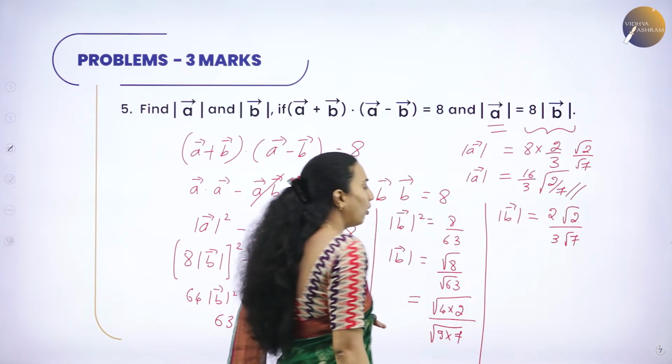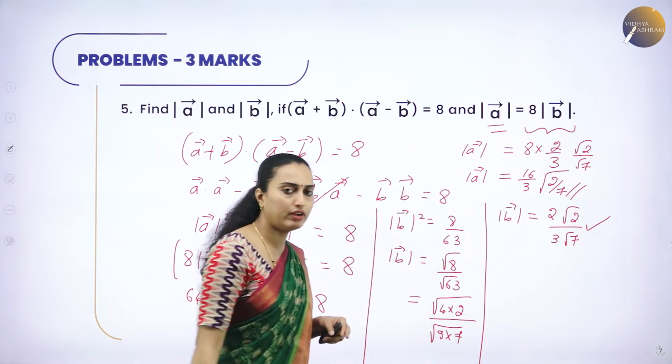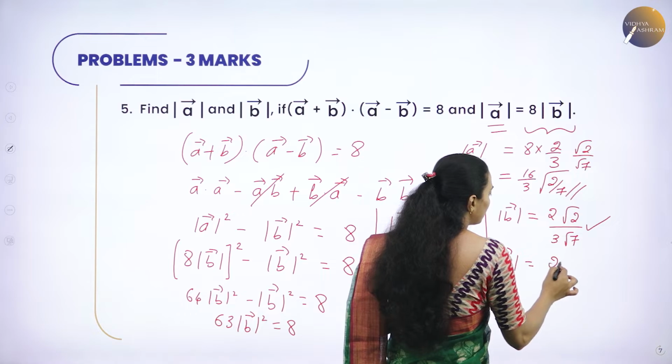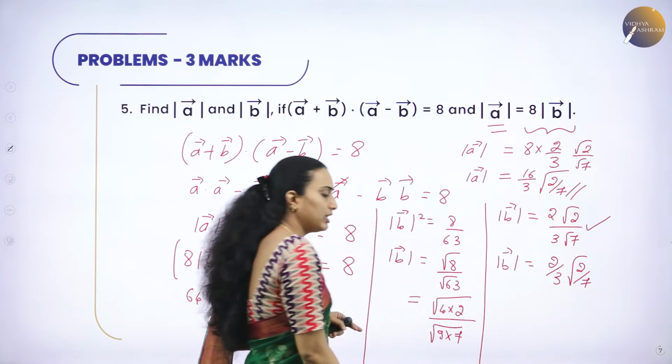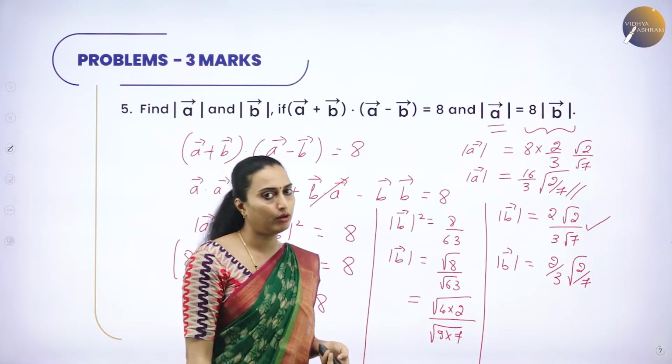And this is the value of magnitude of A vector, and this is the value of magnitude of B vector. That's what they've asked you to find out, dears.